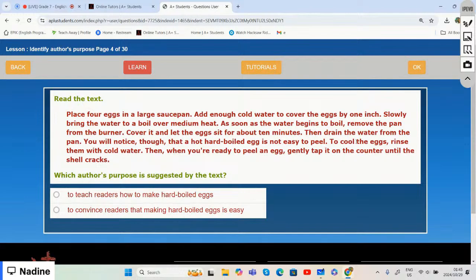By just reading that, what do you think? Do you think they taught us as readers how to make a hard boiled egg? Or did the author try to convince us that making a hard boiled egg is easy? Option one, to teach us how to make an egg, or option two, to show us how easy it is to make a boiled egg?